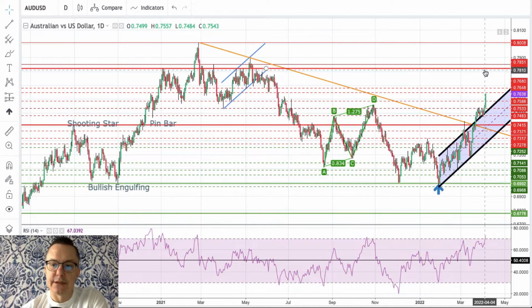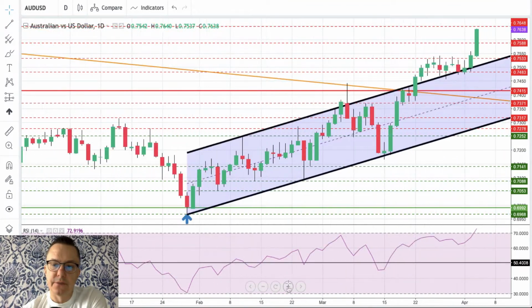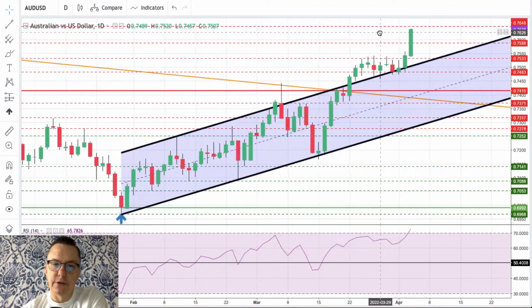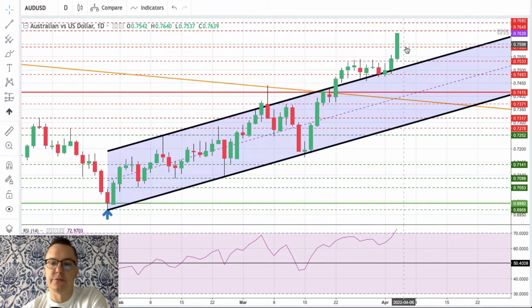So this is the target for bulls, and it's only around, let's say, 200 pips away from the current levels. Market conditions are right now extremely overbought, so please consider the fact that we might pull back a little bit later on. We will not go straight towards the next technical resistance levels. We will just pull back.